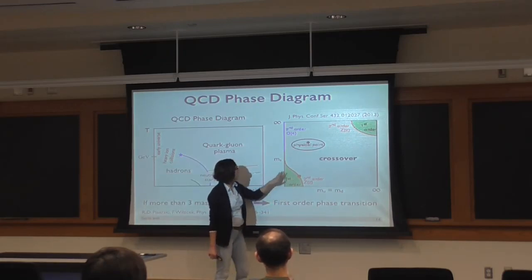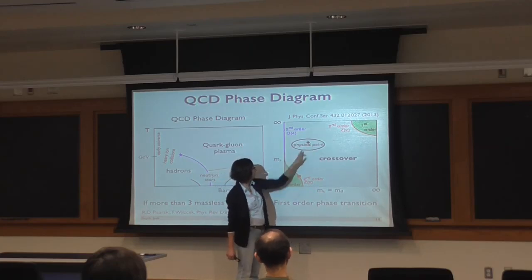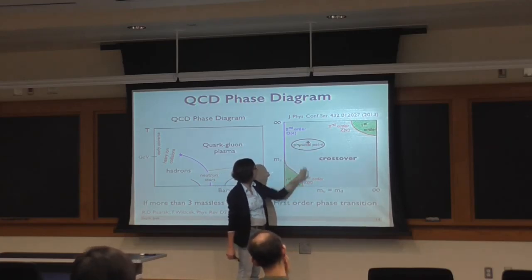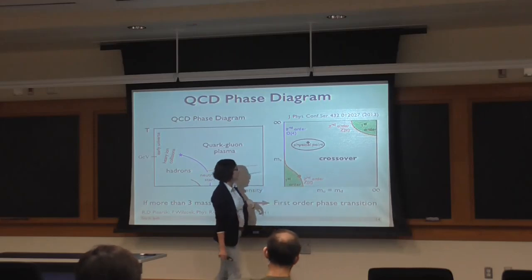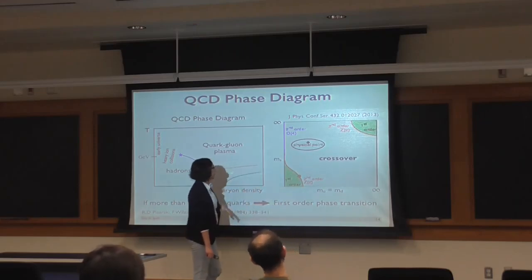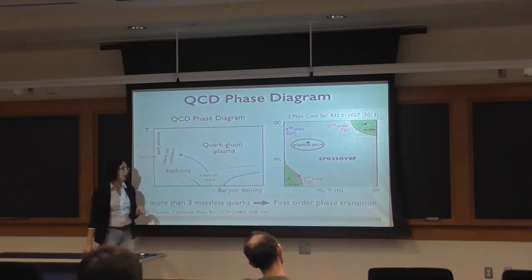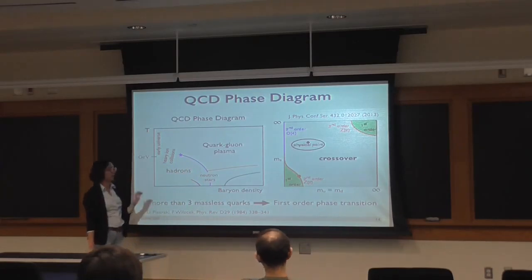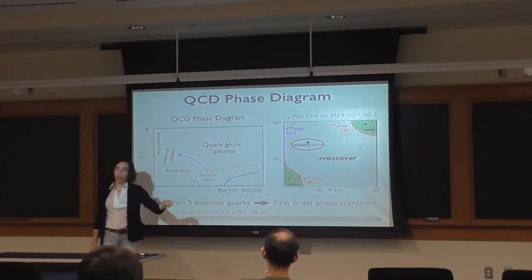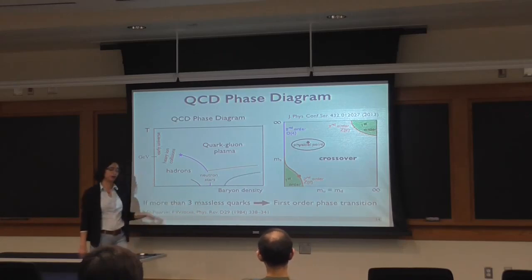But our standard model lies here, where the strange quark mass is too heavy, such that this transition is a crossover transition. So again, theoretical and computational arguments tell us that if you have 3 or more light quarks in QCD, you would have had a first order phase transition.